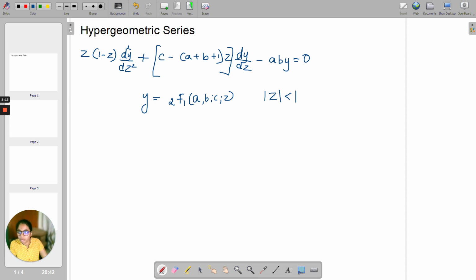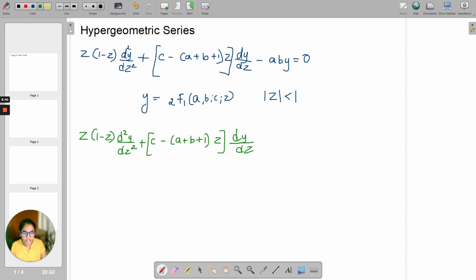Now to start with, consider the hypergeometric equation: z into 1 minus z d square y by dz square, plus c minus a plus b plus 1 into z, the whole thing into dy by dz, minus ab into y is equal to 0.